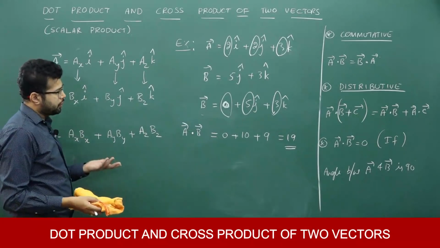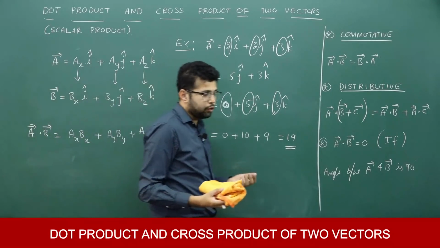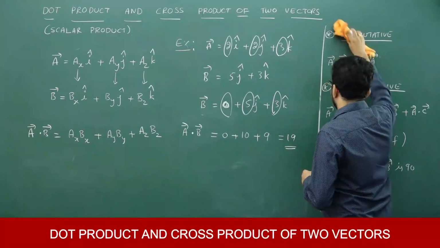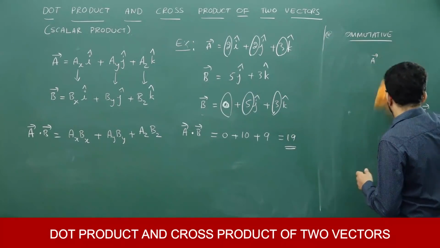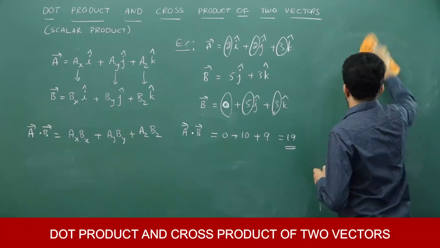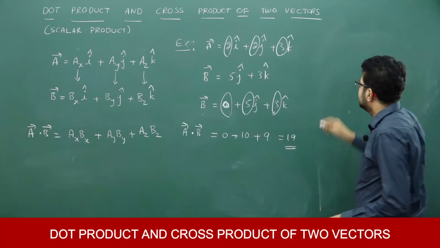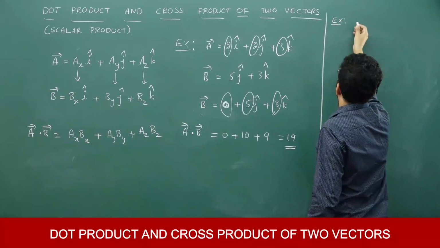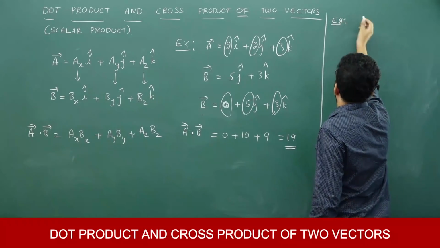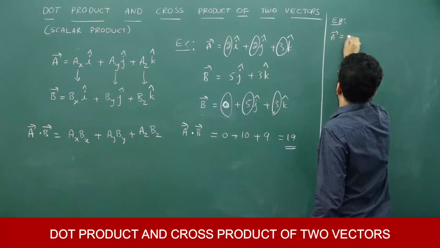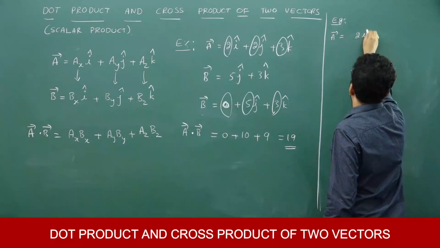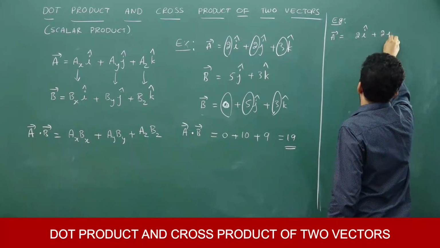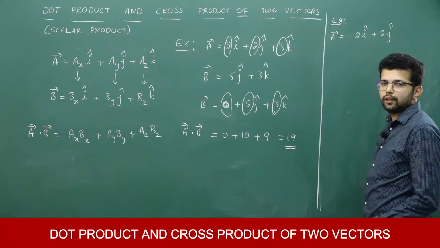I have told you, we can also use scalar product to find the angle between two vectors. We will see how. For example, vector A is given by 2i cap plus 2j cap.